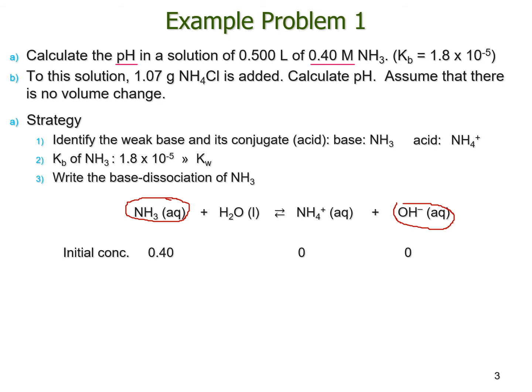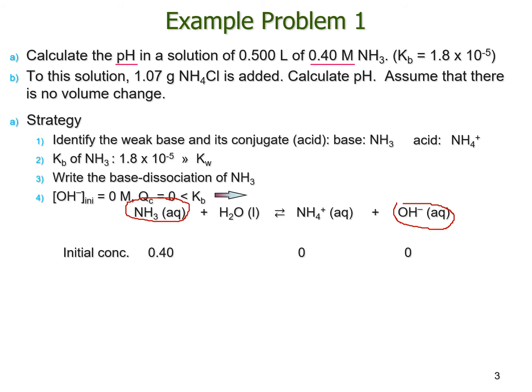Okay. Now, with the initial concentration 0.40 and 0 for both of the products, remember, we need to know which direction this equilibrium is going to shift. So let's calculate the Q. Qc is equal to 0, and 0 is less than a non-zero value, which is positive.